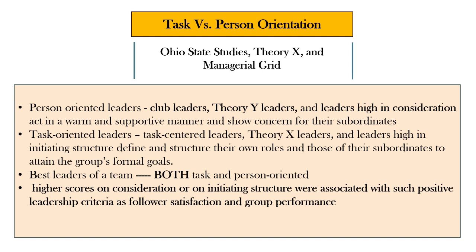The relationships between person orientation and follower satisfaction, follower motivation, and ratings of leadership effectiveness were higher than the relationships between task orientation and these same three leadership criteria.